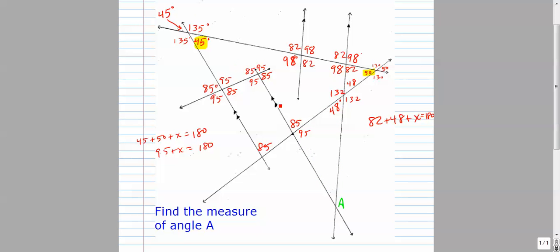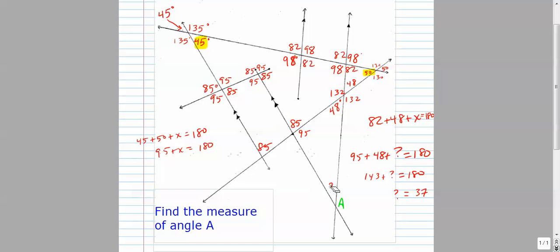So we'll do another little triangle. Let's call this maybe angle question mark. We'll go 95 plus 48 plus question mark equals 180. That's 130 plus another 13, 143 plus question mark equals 180. So question mark has to equal, let's see, 37.